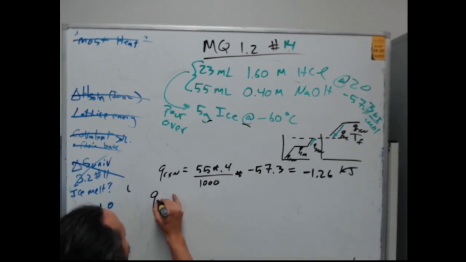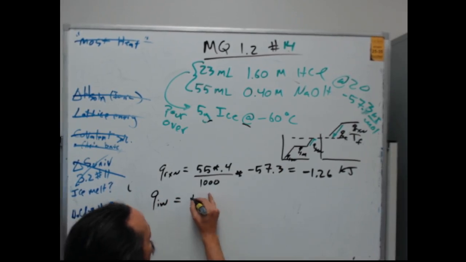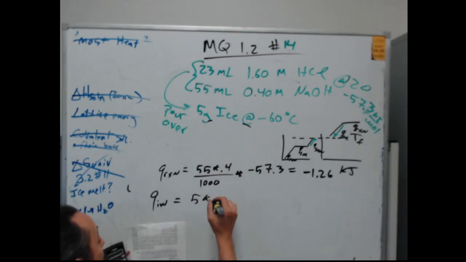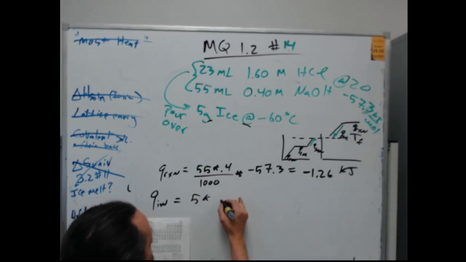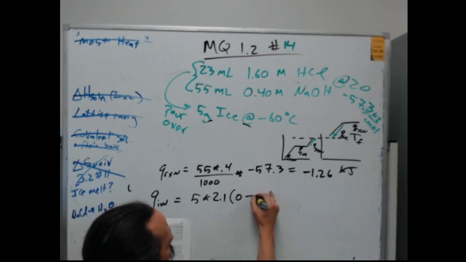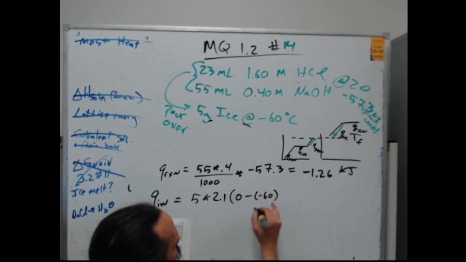My Q of ice warming, I feel pretty confident about that one as well. That's going to be 5 grams. Oh, I need an equation sheet. Oh, good, I got one right here. I need the heat capacity for water in the solid phase, which is different than the 4.184 I remember. It's 2.1 times the final temperature, which is 0, minus the initial temperature, which is minus 60.